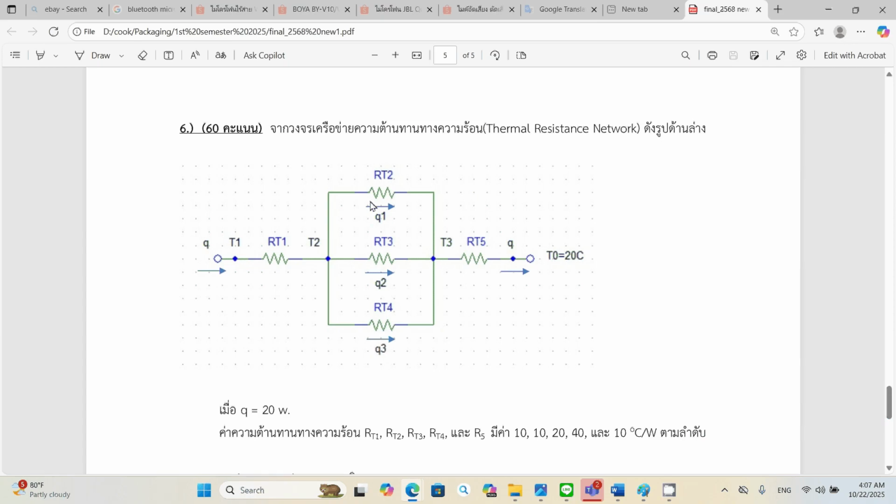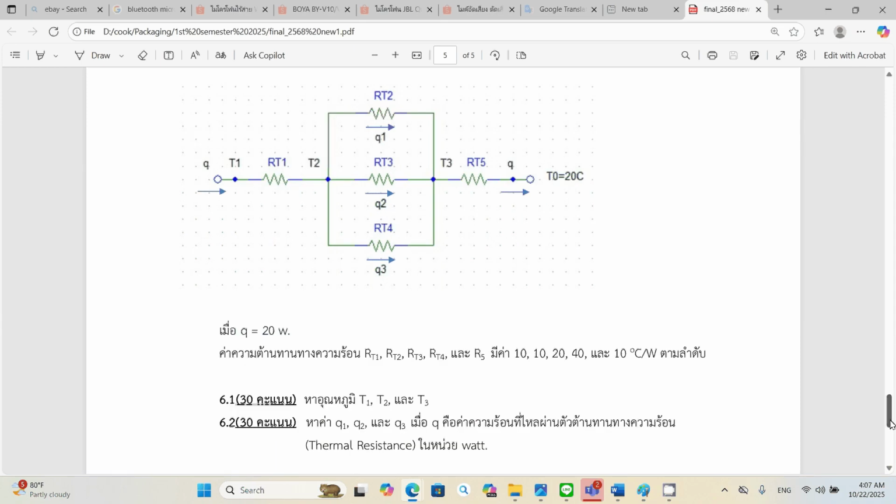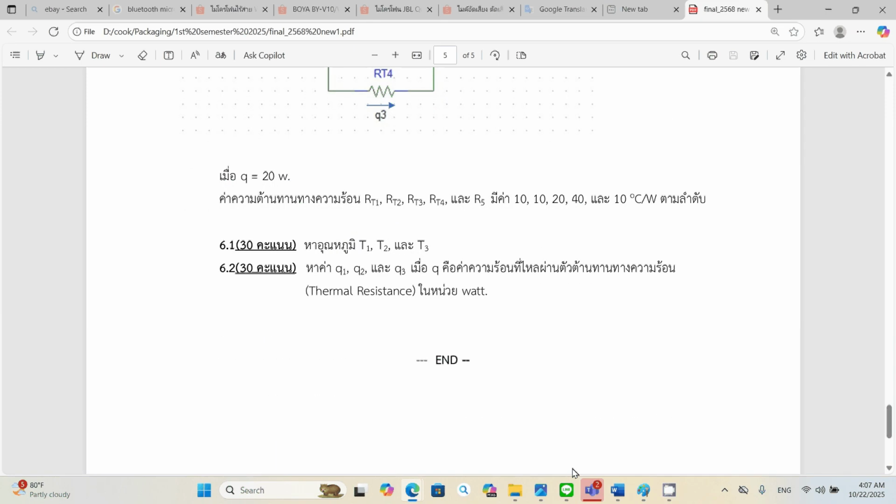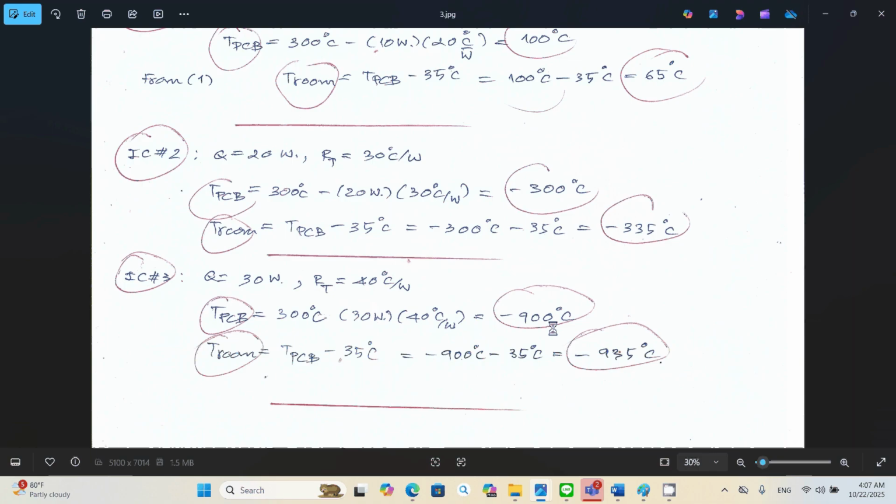It asks you to find T1, T2, and T3, that's the junction temperature, and also the heat dissipation Q1, Q2, Q3. And RT1 through RT5 are given.